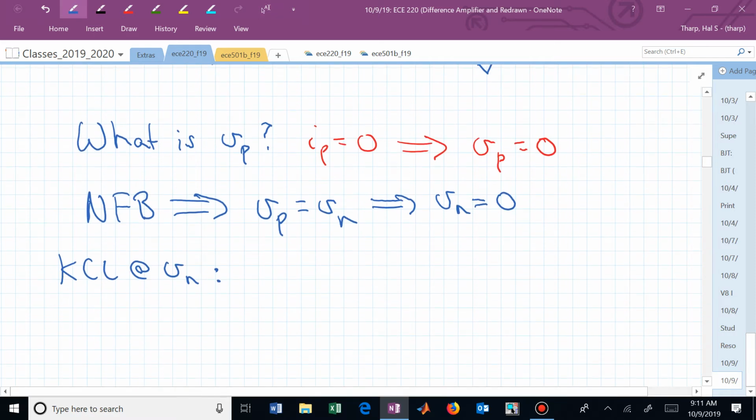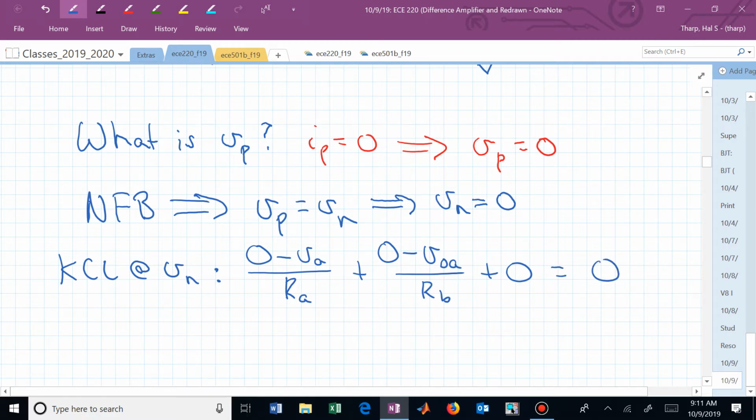KCL at V sub N says then we have 0 minus V sub A over R sub A plus 0 minus V sub OA over R sub B plus I sub N, which is 0, and that's equal to 0.